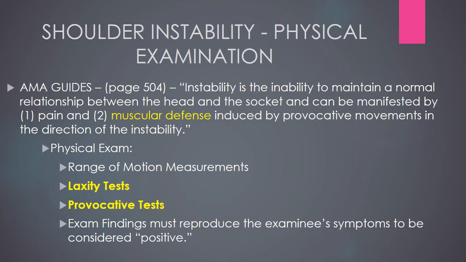In general, our physical exam for shoulder instability is going to include range of motion measurements. It's going to include tests for the assessment of the laxity of the capsulo-ligamentous structures. And then it's going to also include provocative tests which attempt to sublux or dislocate the shoulder joint.